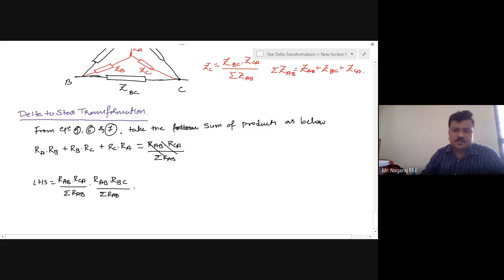This is the first term. The second term is RB into RC: RB is RAB into RBC divided by summation RAB, into RC, which is RBC into RCA divided by summation RAB.